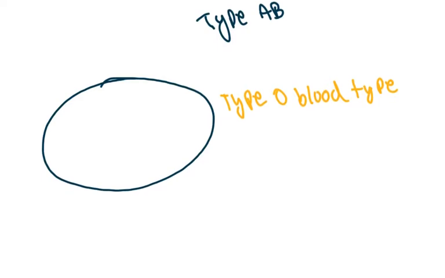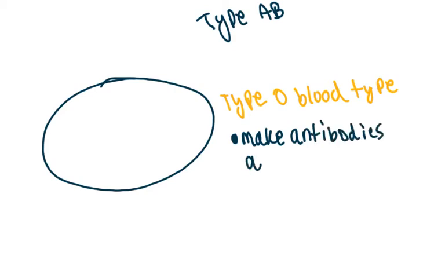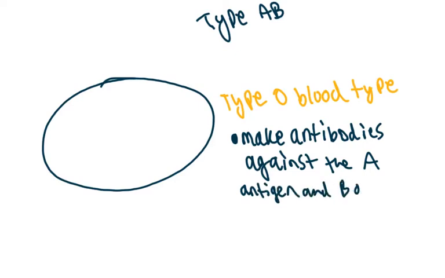And what does that mean? Type O blood type people will make antibodies against what they don't have, right? Against B and A antigens. So we'll make antibodies against the A antigen and the B antigen. And why is that?